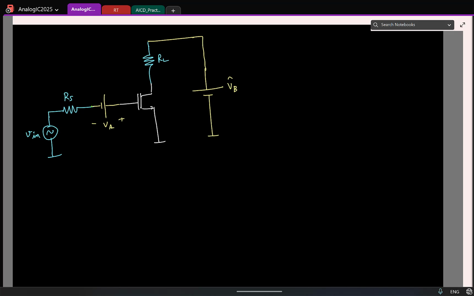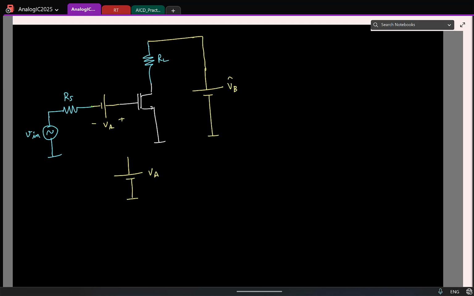But in practice, it turns out all the voltage sources are such that the negative terminal is grounded. You don't have access to both negative and positive terminals of your voltage sources. So let's say this can be your Vn. So which means I cannot do this, right? So that's a practical problem, that's all.